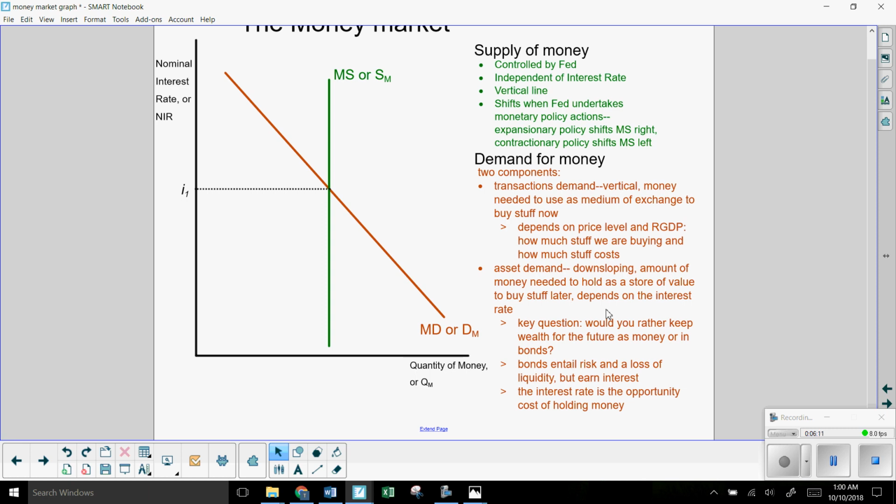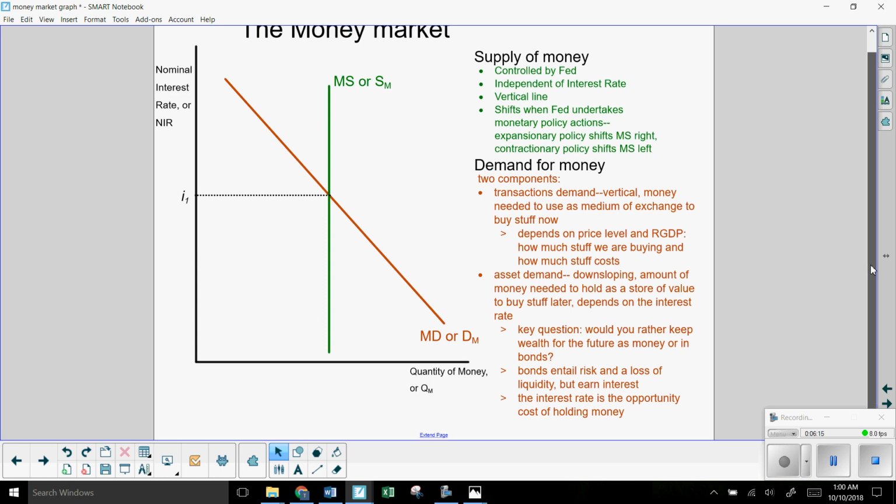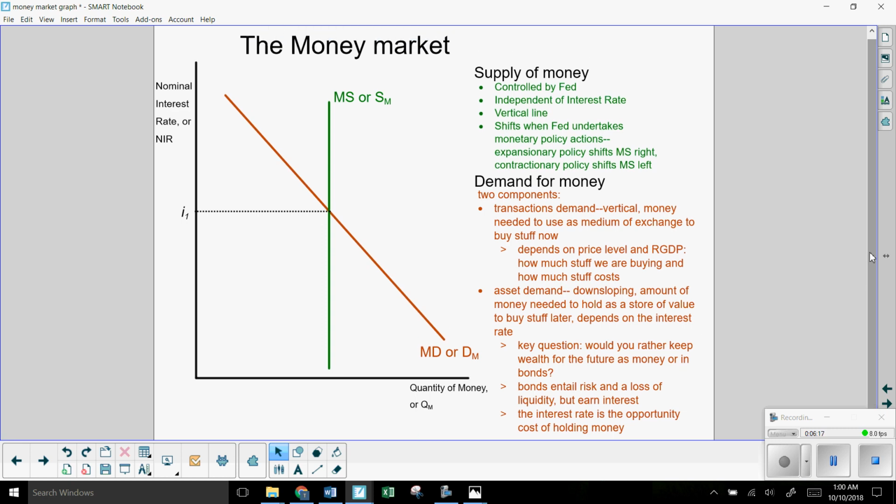So let's think about why that might be. The key way to think about it is you have lots of options when you want to hold your wealth for the future. You could hold those in really liquid assets like money, or you could sacrifice some liquidity for an expected gain. And this trade-off is what the asset demand for money is really about.